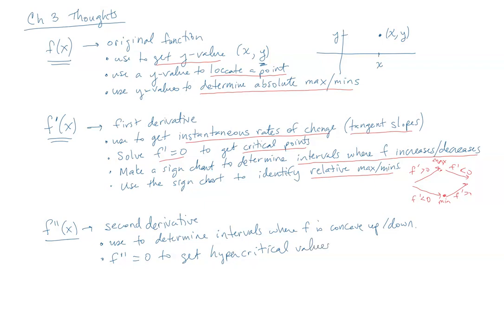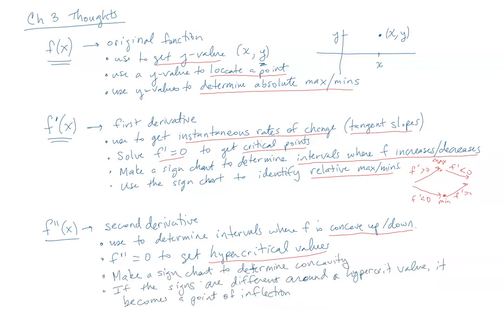And then instead of identifying max-min stuff, which you can do by putting stuff together, I'll get to that, the equivalent down here, so we had critical values for the first derivative, hypercritical values for the second derivative, and then the analogy for the max-min stuff is the point of inflection idea.